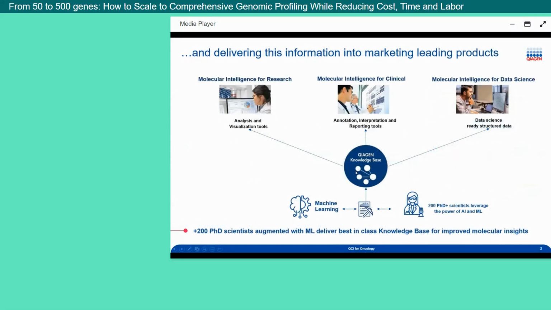The QIAGEN knowledge base drives powerful analytics, visualization, and reporting tools that enable the researchers, the clinical scientists, and the data scientists to excel their cutting-edge research and clinical decisions.